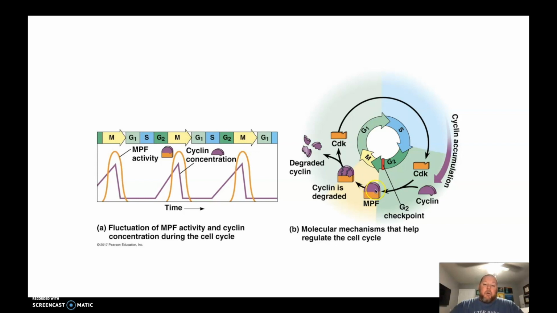All right, and as we go through the M phase, the MPF is going to be used to help mitosis along. And then as we get through the second part of mitosis, that cyclin is going to be broken down. And again, that CDK, that protein, is going to be recycled.